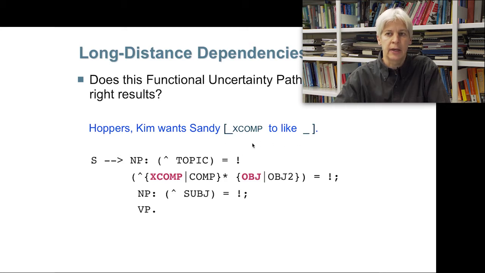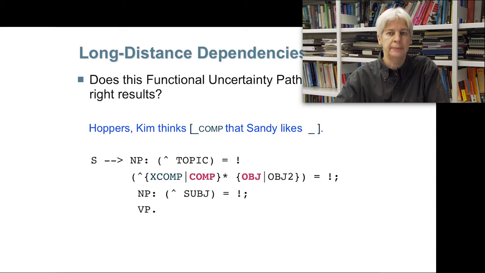Like, the subject of like is Sandy via functional control from last time, if you remember that. But its object is missing, and I've notated that here with this underscore. So there's an object missing. Okay, so let's pick the object. And then what is the path down to there? Well, we have an XComp. It's the object of the XComp. So we're going to instantiate this part of the functional uncertainty path. We're going to say, okay, this thing is the topic, and it is also the object of the XComp of the clause. And then that works out.